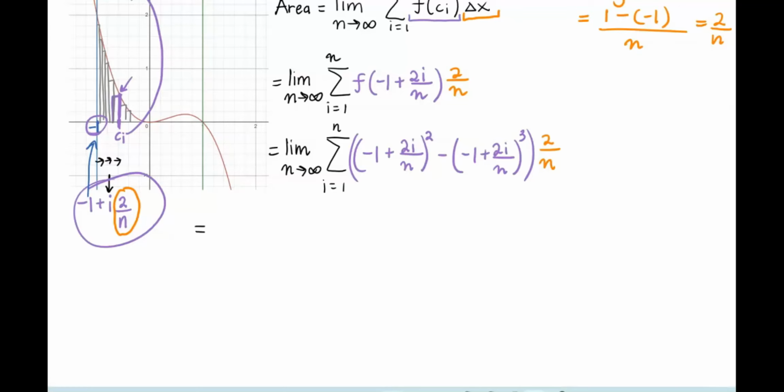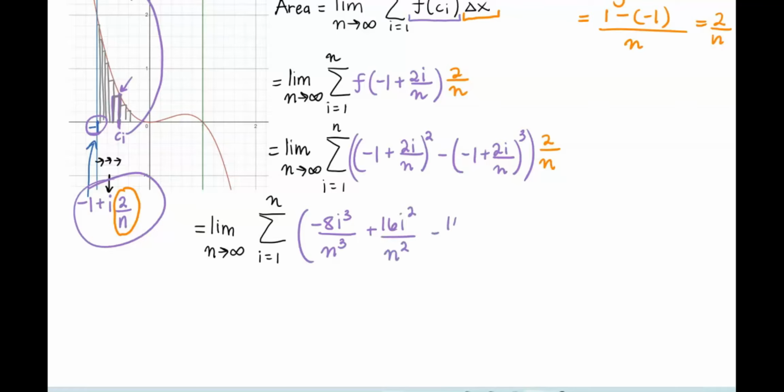I've already simplified everything that's in purple, so I'm going to fill out what that is. Everything in purple is negative 8I cubed over n cubed plus 16I squared over n squared minus 10I over n plus 2, and all that is still multiplied by 2 over n.